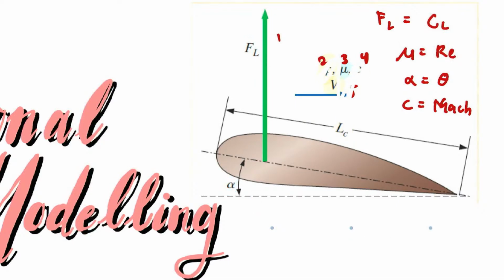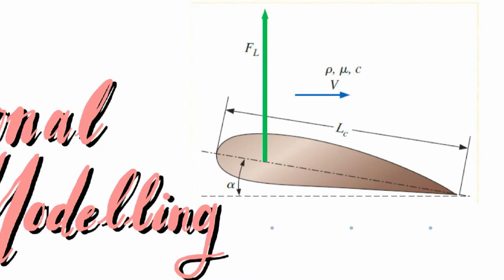Okay, this was the last time we did this together. So we have lift force 1, angle of attack 2, characteristic length 3, velocity 4, this is 5, this is 6, this is 7.